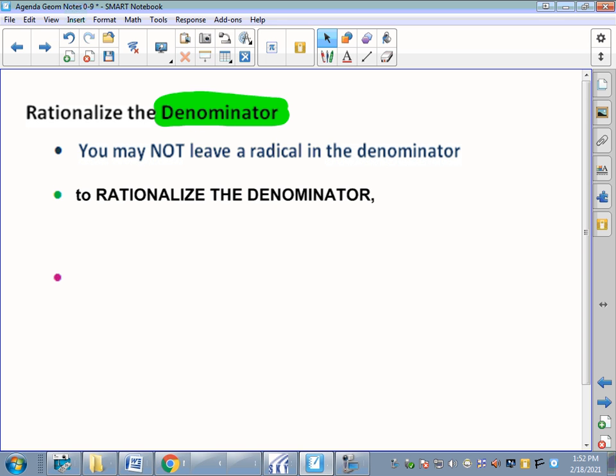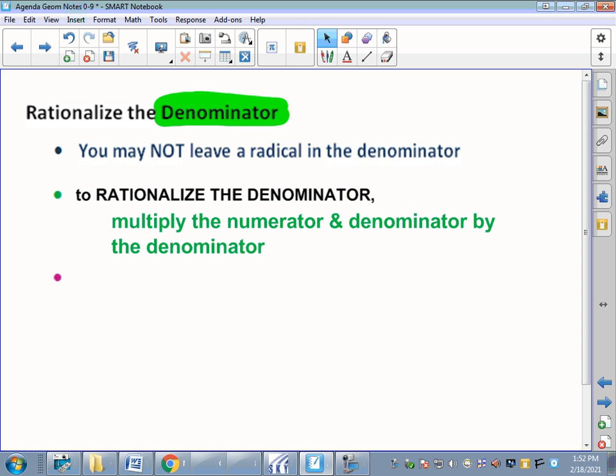So to do that, we multiply both the numerator and the denominator by whatever that square root is in the denominator. Multiply the numerator and denominator by the denominator. Please show your work on this, because some people try to take shortcuts and then it gets a bit messy when we can't figure out what's happening.